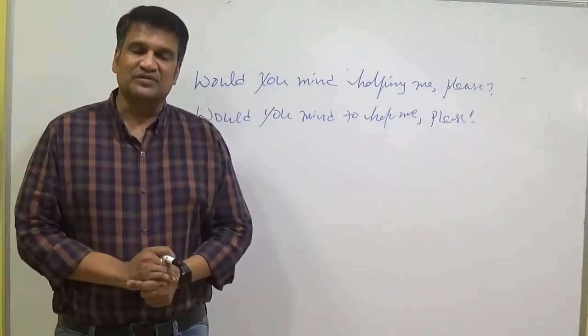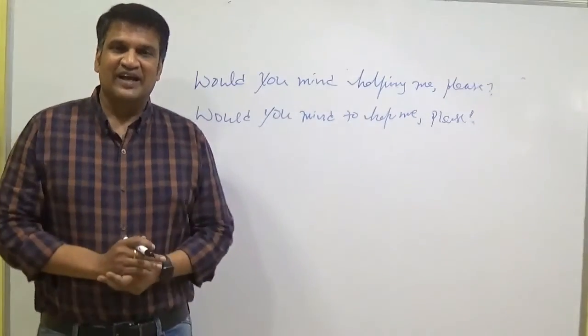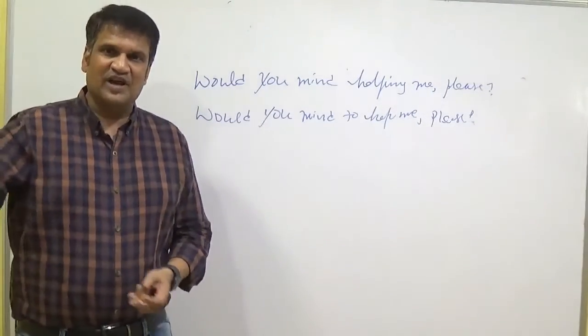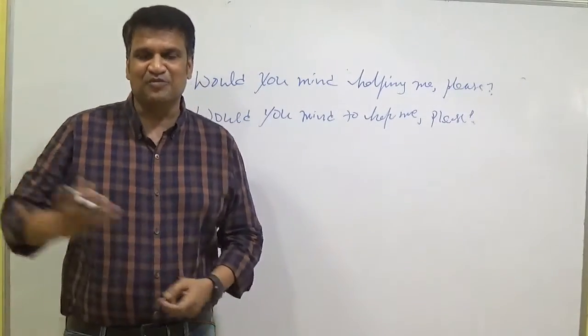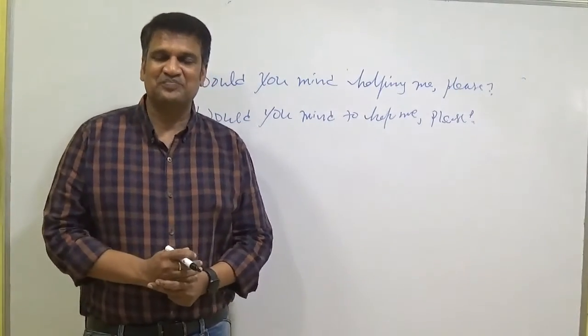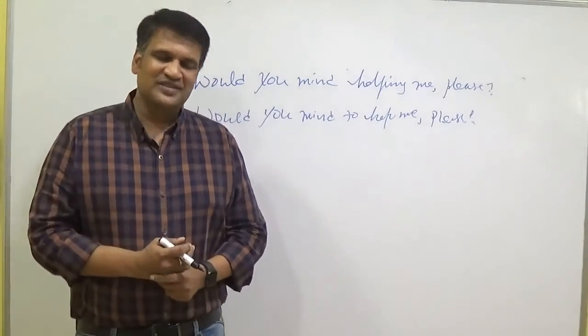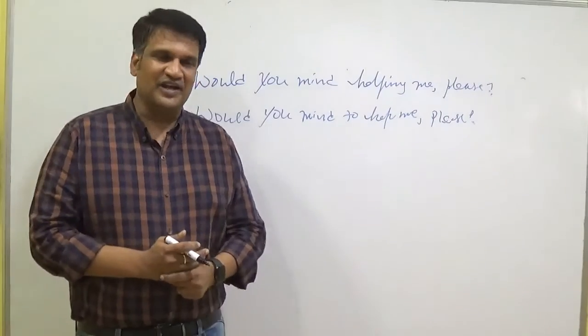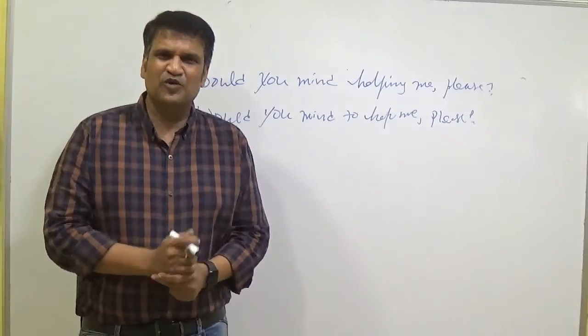Another example: you are at a railway counter, there is a very big queue, and another woman is there in the ladies queue, and you need to request that woman to get a ticket for you. So it is a bit sensitive. Why? Because women easily get offended when a stranger comes and talks to them, so they don't welcome it.